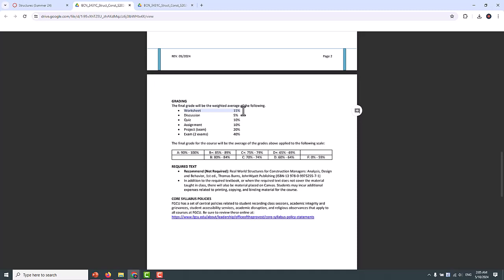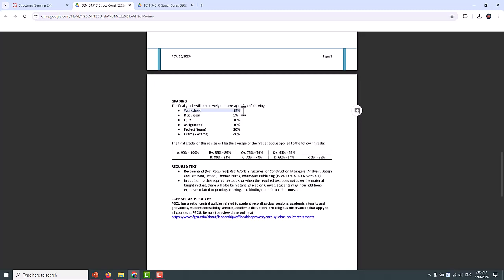The grading for the worksheet is very simple. You're going to have 3 grades: 0, which means no submission; 3, which means submission with a lot of errors, or some of your answers don't make sense. And then you have 5.